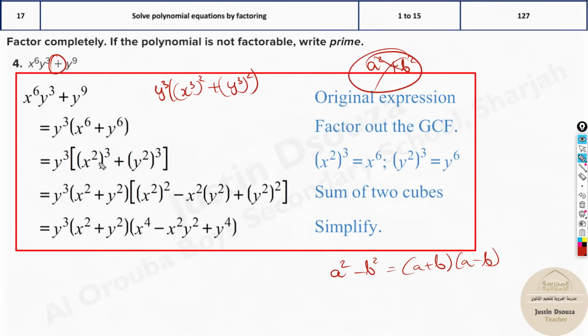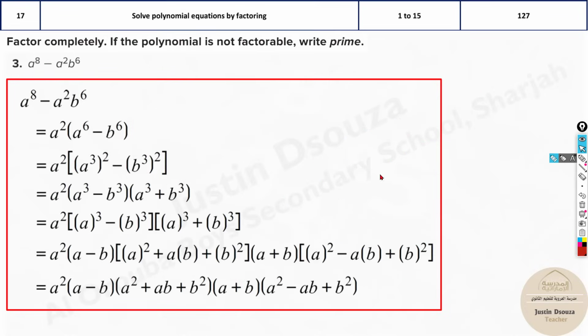So we have to do it the other way around. Take the squares inside and solve it up. The cubes will be outside. Use the sum of cubes formula, that is a cube plus b cube, and simplify it. But whenever there is minus, please remember what I told you just a while ago. Whenever there is minus, have the cube inside, the higher power inside, then the smaller power.